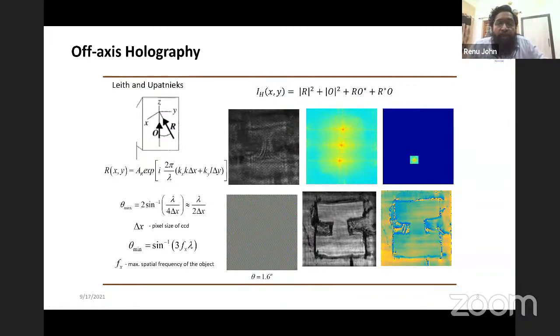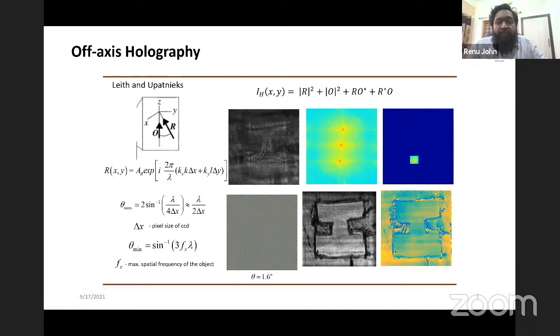The only problem here is that, suppose you have a camera of this size, the actual information that you're recording is only very small. So the rest of the useful sensor area is being wasted for recording the other terms, which you really don't need.